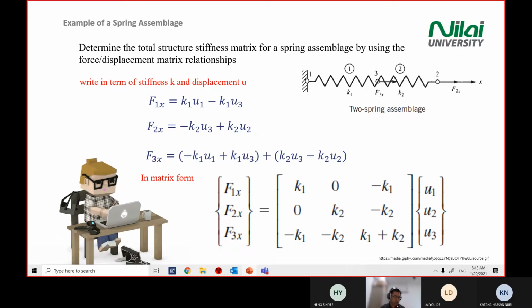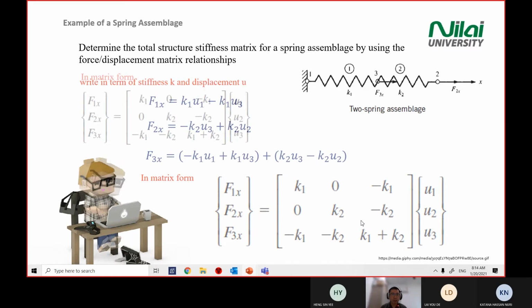This one is in your tutorial, question number 8. We have gone through it. Before this, we have been through a 2 times 2 matrix. And now, because we have 3 forces or 3 unknowns for your displacement, we have modified our stiffness matrix a little bit from 2 times 2 to 3 times 3.